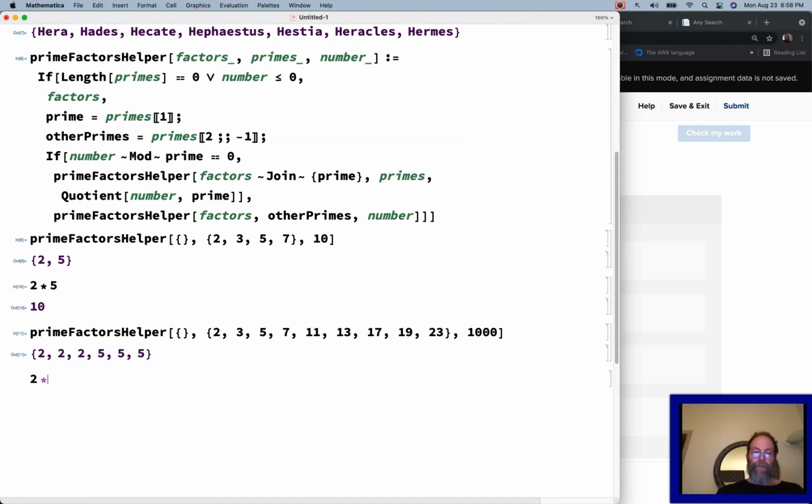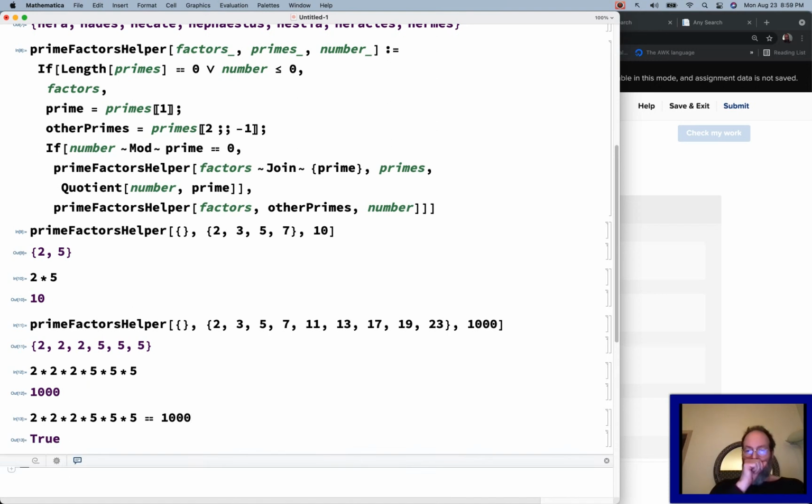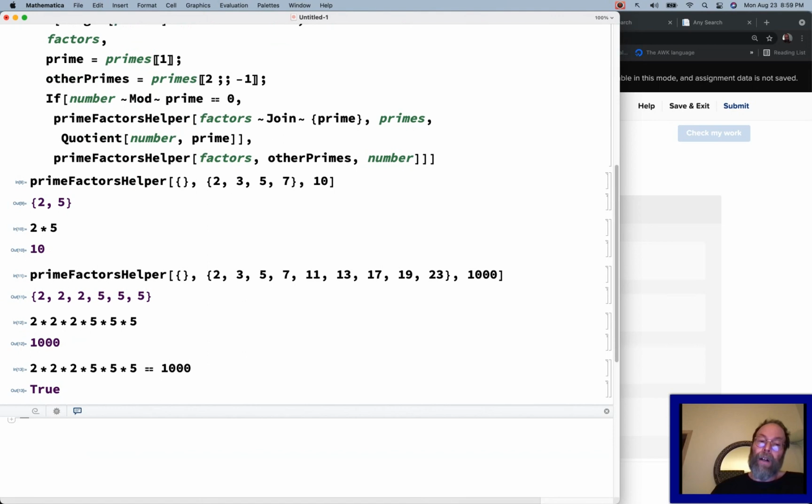Let's see if that's true. 2 times 2 times 2 times 5 times 5 times 5 should be 1,000. Or I could type 2 times 2 times 2 times 5 times 5 times 5. Is it really equal to 1,000? Yes. So the function works really well.